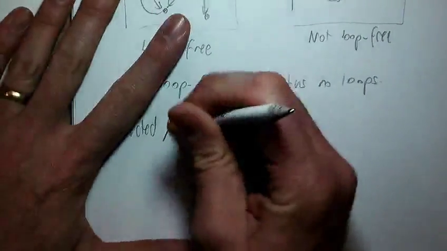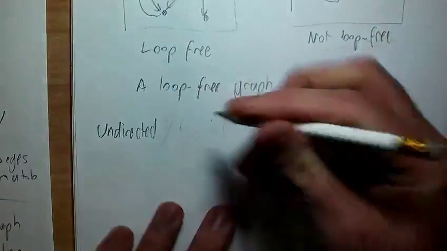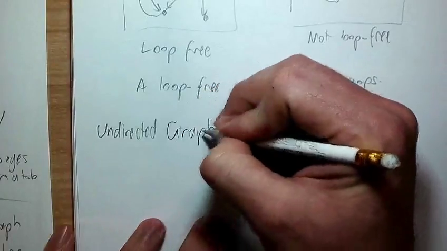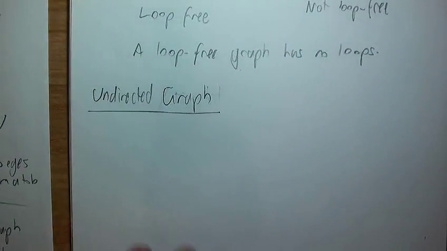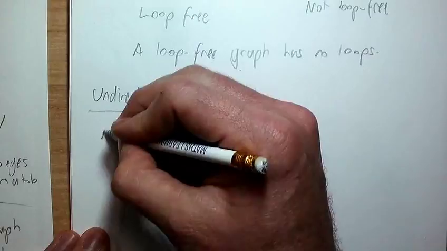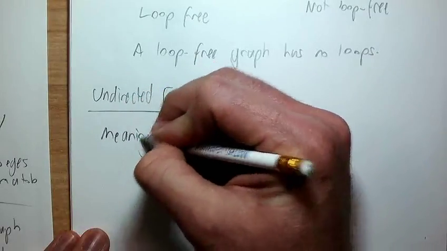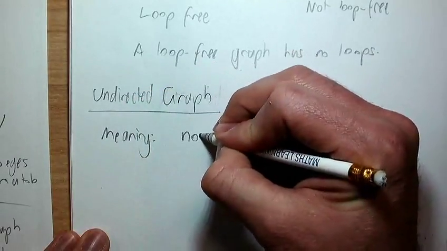I'm not going to put directed, I'm just going to put undirected graph. So in a way, an undirected graph is a type of graph all of its own. And what it looks like is there's no arrowheads.